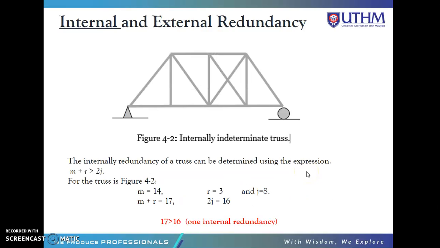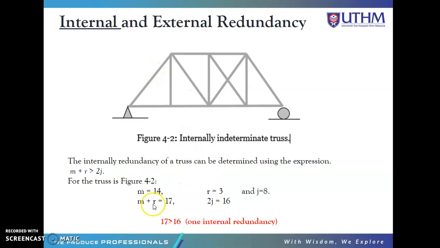For the internal, it is the same case. We use this equation to check whether it is determinate or indeterminate. In terms of reactions there is no problem: we have only 3 unknown reactions and 3 equilibrium equations, so we can solve.